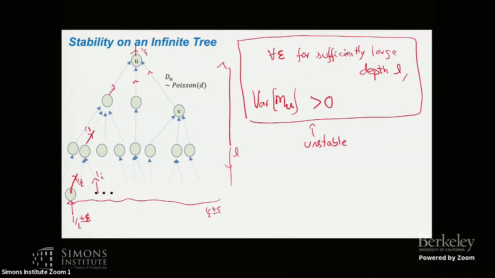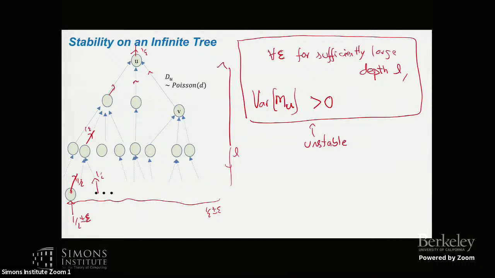Stable means that for every epsilon there is a delta such that if L is sufficiently large, then the variance is less than delta.